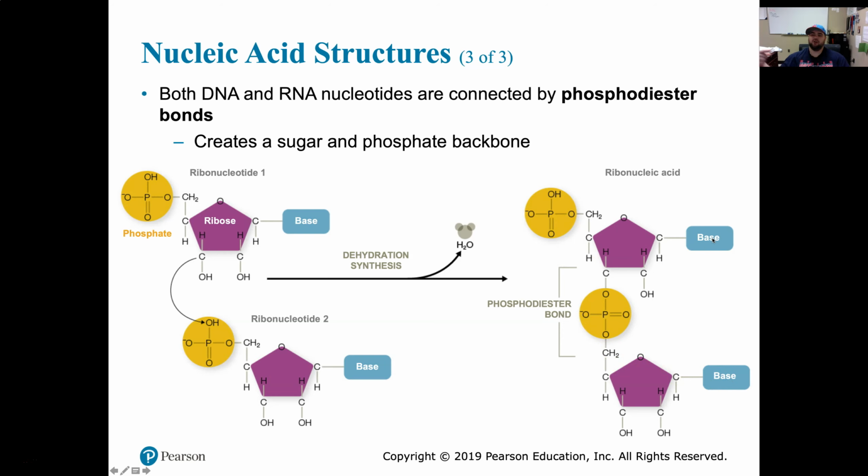You would have another strand facing these bases right here. Okay. So overall, as long as you know the difference between DNA and RNA, you know that hydrogen bonding holds the strands together in DNA. There's 3 hydrogen bonds for cytosine and guanine, 2 for adenine and thymine. Should be all right.